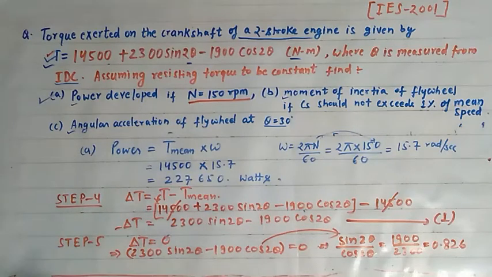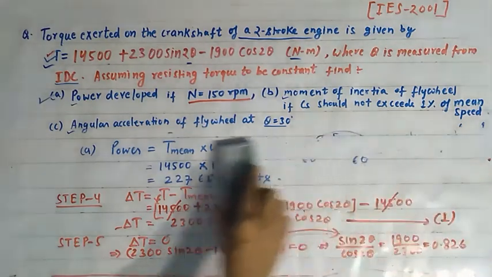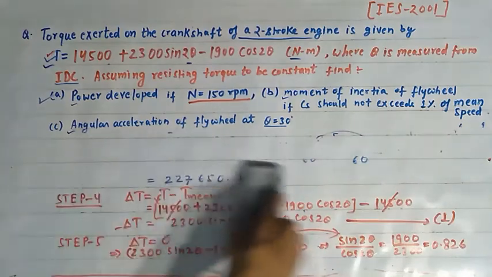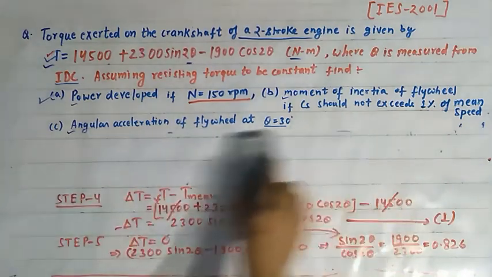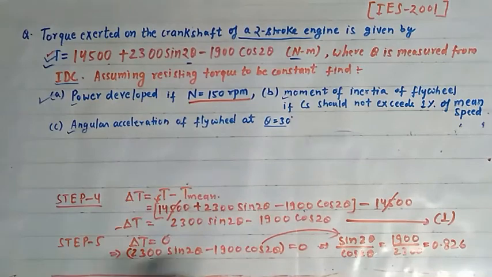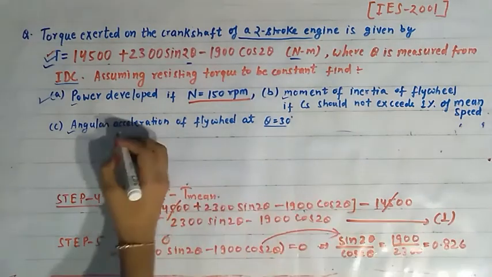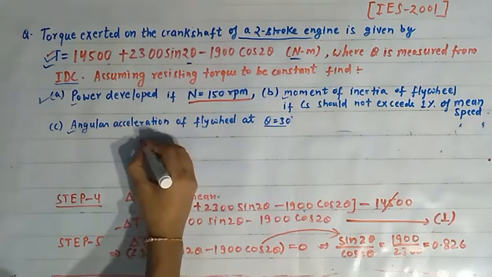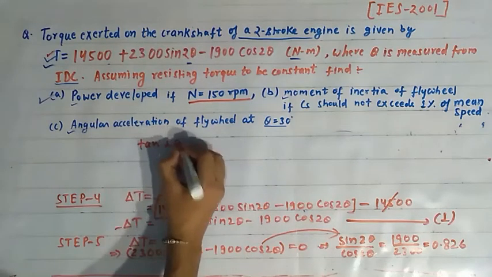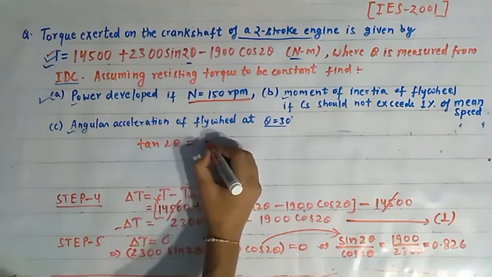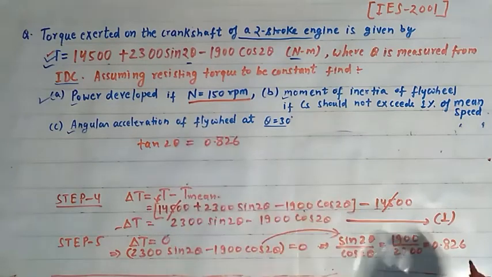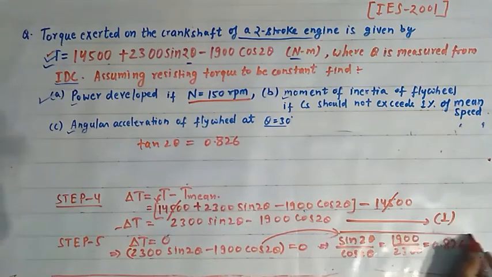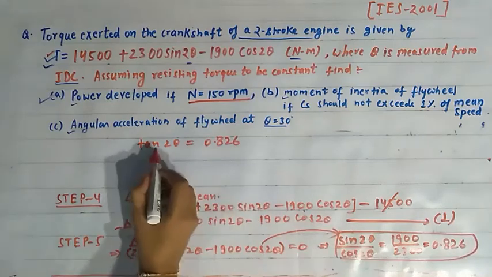Now I will erase the upper part because I have limited space only. So let us go here. Now sine 2 theta by cos 2 theta will be equal to tan 2 theta, which is equal to 0.826. I have taken that from here.